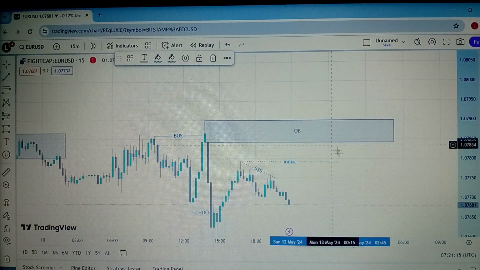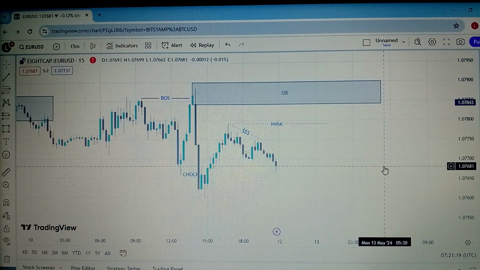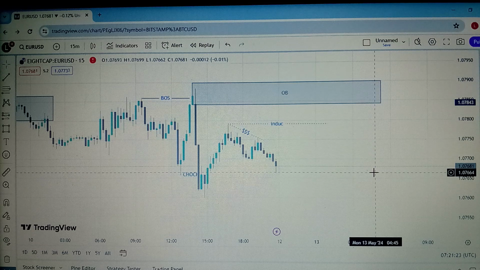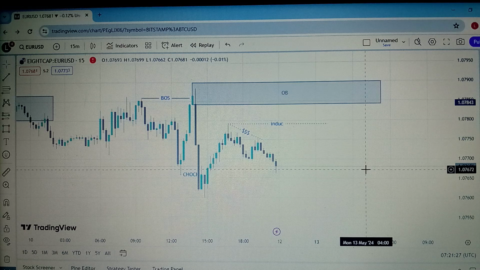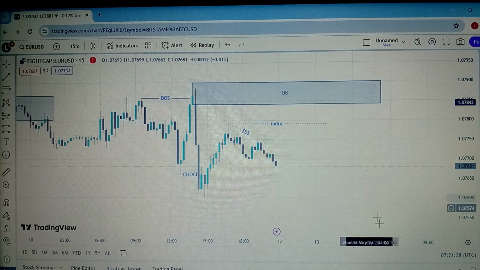Stops just above, targeting my first TP of 1 to 5 as my bread and butter. After hitting TP1, I'll leave the rest to run to my higher time frame demand levels.